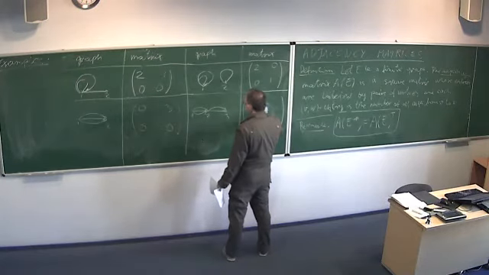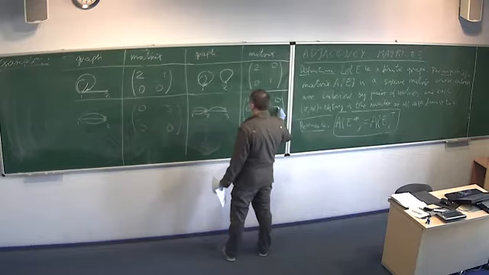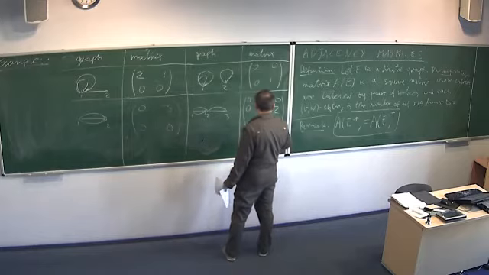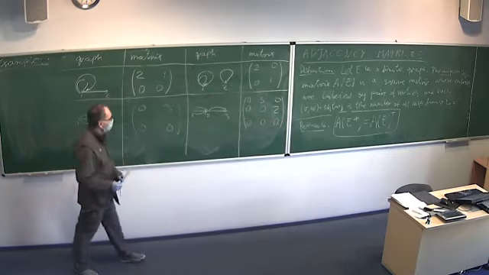I have 3 edges from 1 to 2. I have 0 edges from 1 to 3. I have 0 edges from 2 to 1. I have 0 edges from 2 to 2. And I have 2 edges from 2 to 3. I have 0 edges from 3 to 1, 0 edges from 3 to 2, and 0 edges from 3 to 3. Okay? So this is the matrix you get.